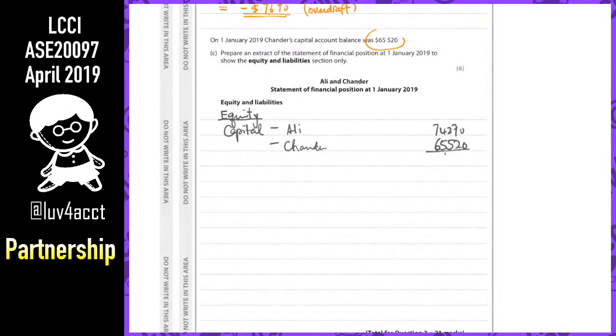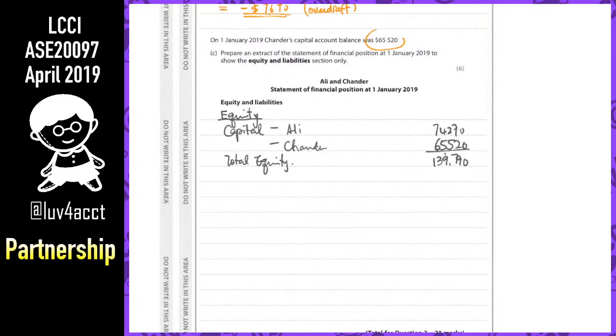Added together, we have 139,790. Yes. Total equity or total capital. Both will be fine.